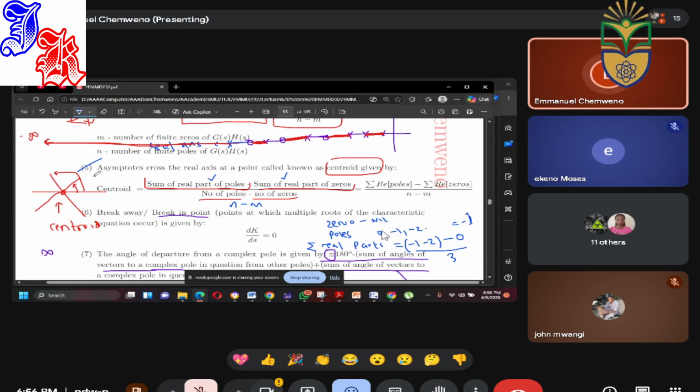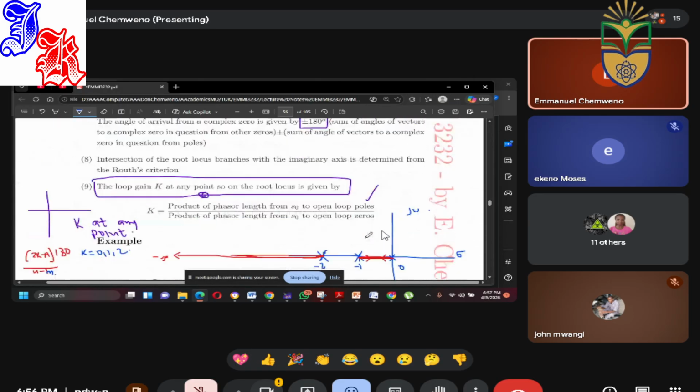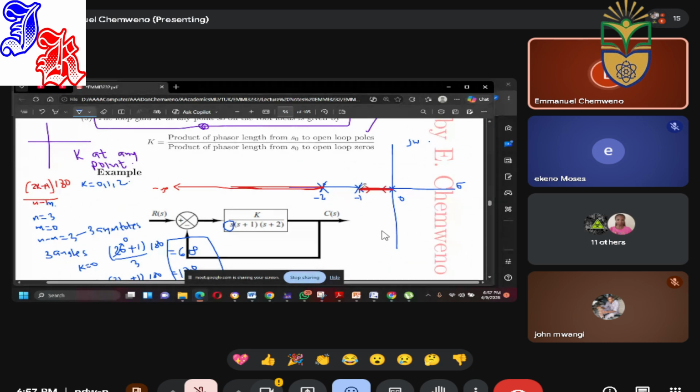So our centroid is -1. Our asymptote should start from here. So 60 degrees is somewhere there.